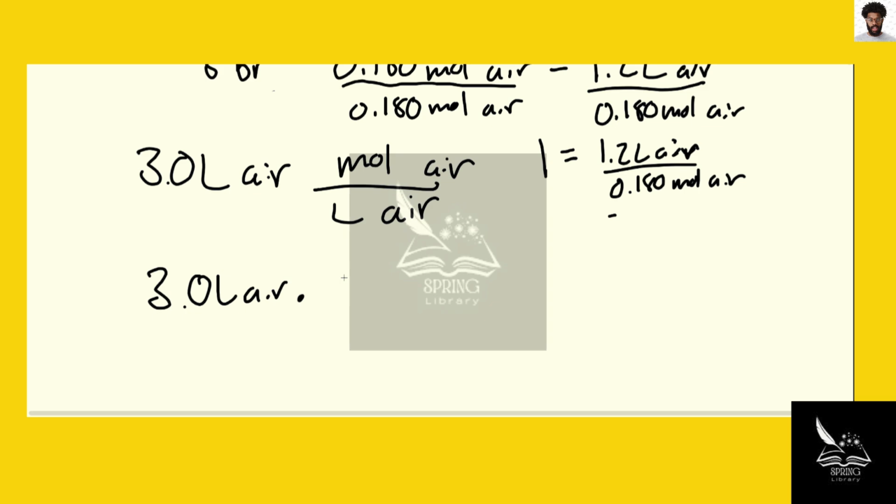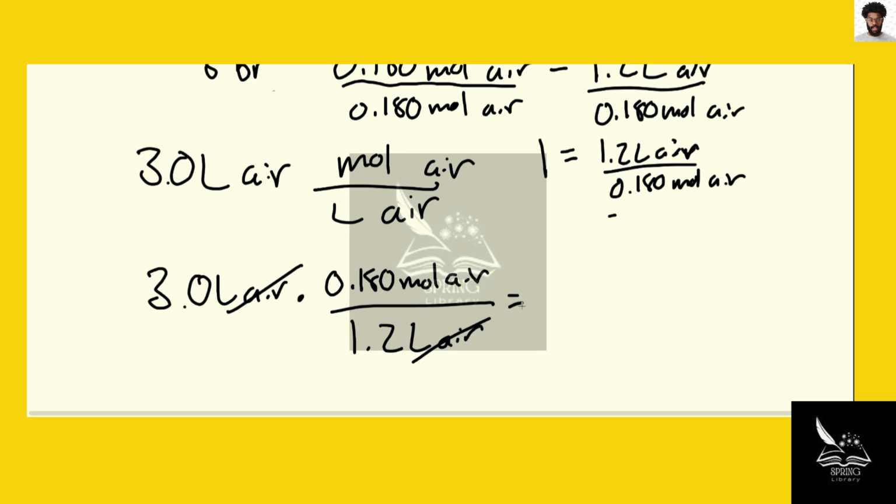times, and I'm actually going to put moles on top and air on the bottom, so we're going to do 0.180 moles air over 1.2 liters air. Either way, liters of air will cancel. And now we just need to do this math.